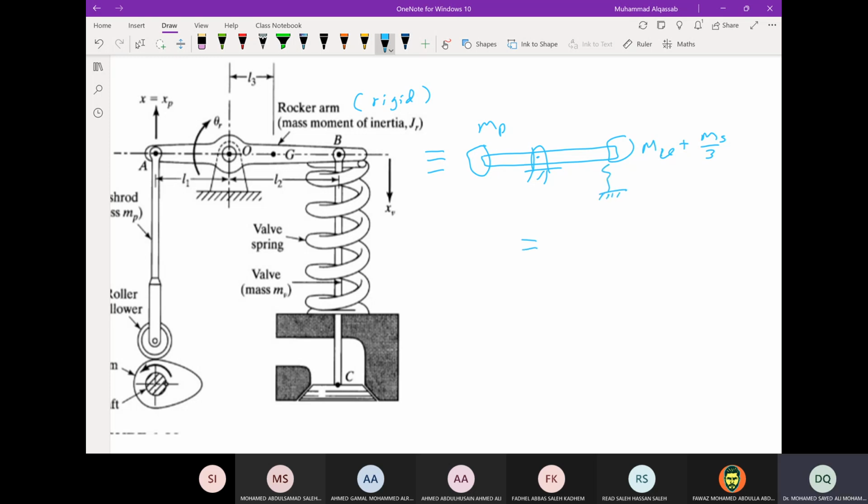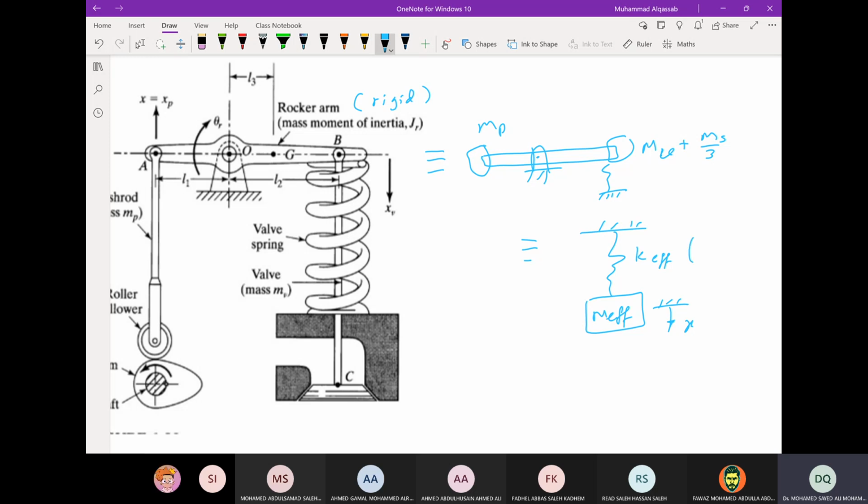And this is to be defined as an equivalent system: a spring and M effective moving with X, and X equal to XP. And this is K effective as well, because the spring is not at the same location as point A, so we have to find the K effective.